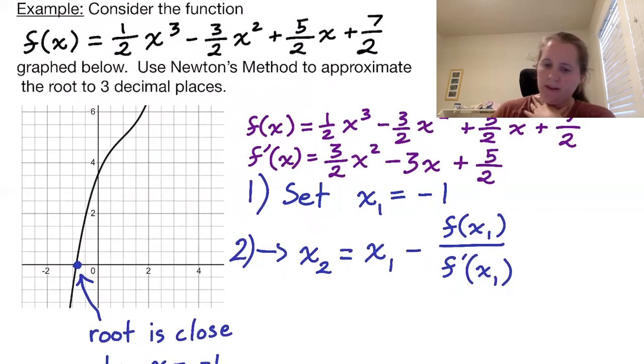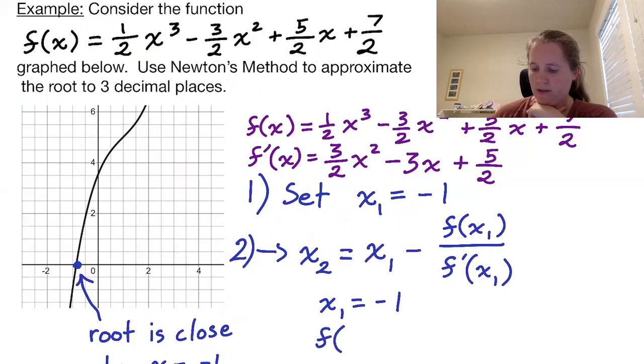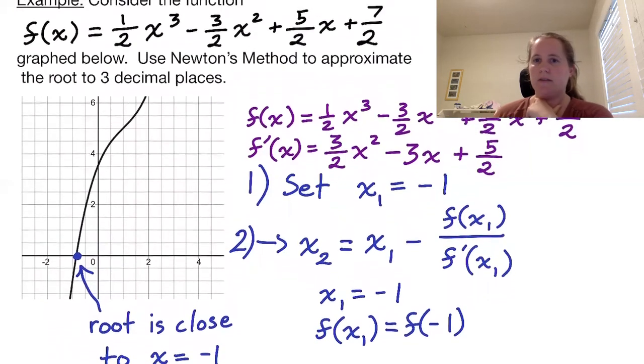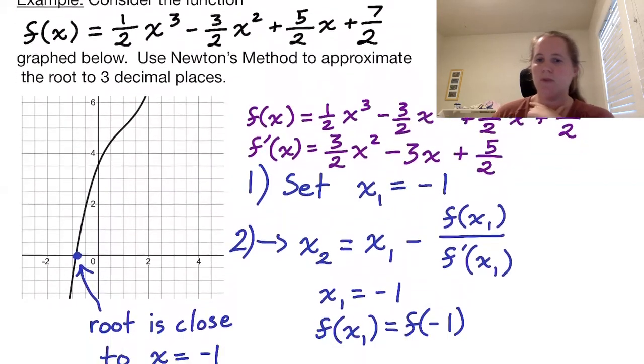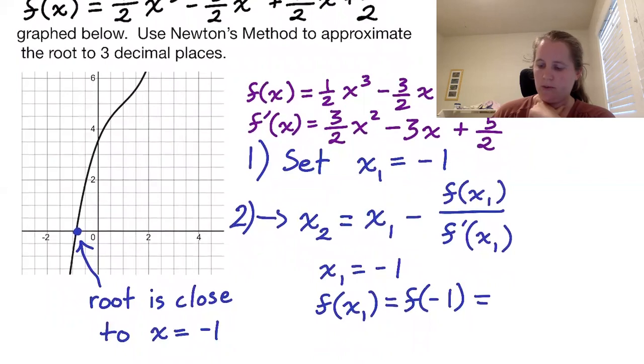So if we plug in here, x1 is equal to negative 1. f of x1 would be f of negative 1, and if we plug in negative 1, we will wind up getting something, and then f prime of x1 is f prime of negative 1.